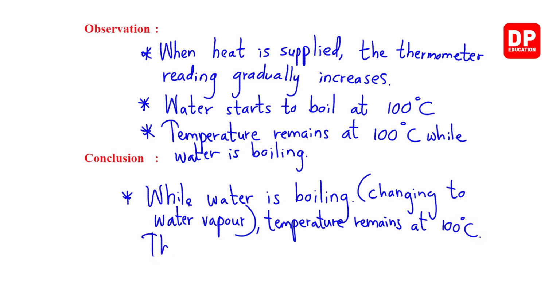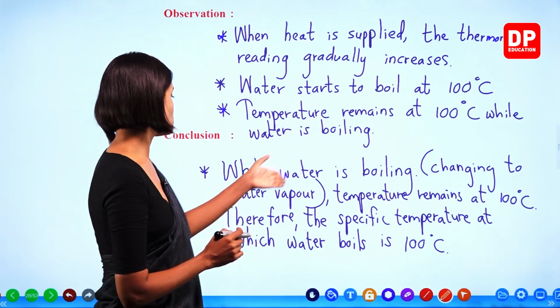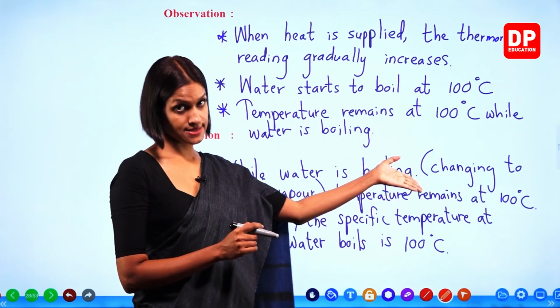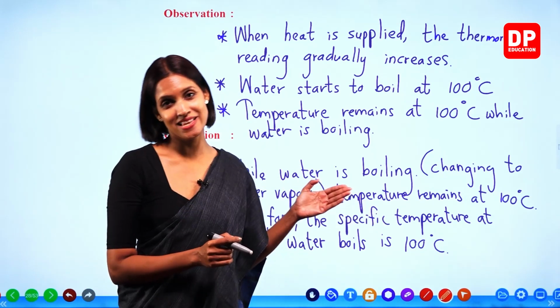Therefore, the specific temperature at which water boils is 100 degrees Celsius. While water is boiling or changing to water vapor, temperature remains at 100 degrees Celsius. Therefore, the specific temperature at which water boils is 100 degrees Celsius, right?